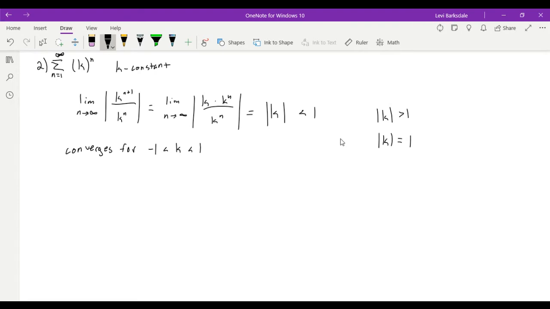And you'll notice this is actually like the geometric series test. It tells us that our series will converge only if this value k is between -1 and 1. So that's one way you can actually get the geometric series test. You can get it from other tests as well, but I just like to use that as an example because I think it's neat.